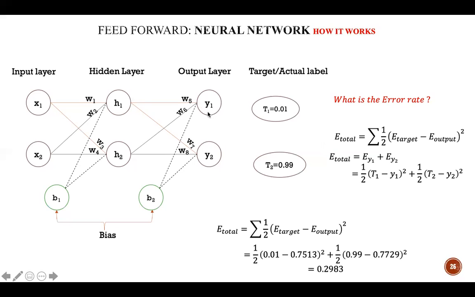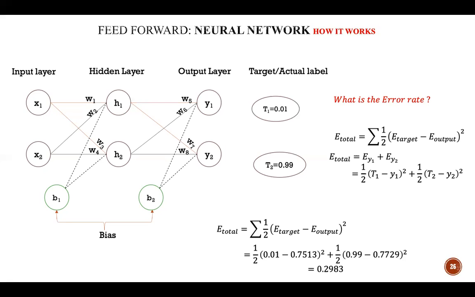Because I have calculated Y1 and Y2, and I have the actual labels, or my targets, T1 and T2, which are these two numbers, you just substitute the numbers into this equation, and you get the total error from this prediction. The error is 0.2983.